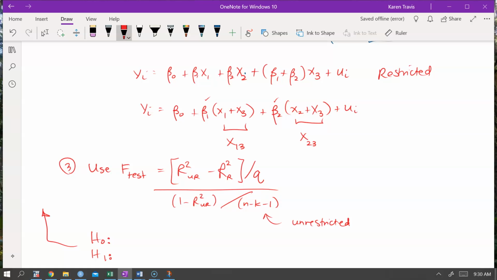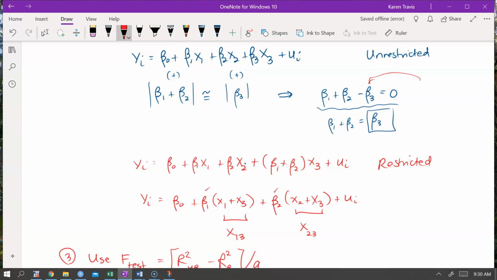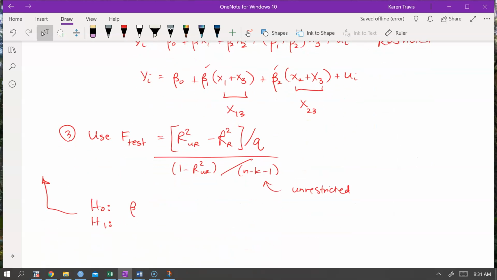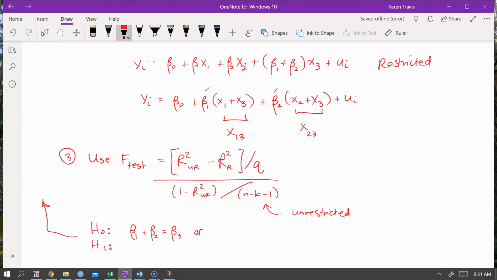Our null hypothesis is beta 1 plus beta 2 equals beta 3, or we can write it as beta 1 plus beta 2 minus beta 3 is 0. The alternative would be beta 1 plus beta 2 is not beta 3, or beta 1 plus beta 2 minus beta 3 is not 0. That's what we're testing, so this is actually step 1.